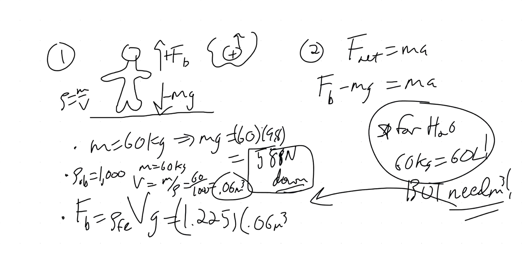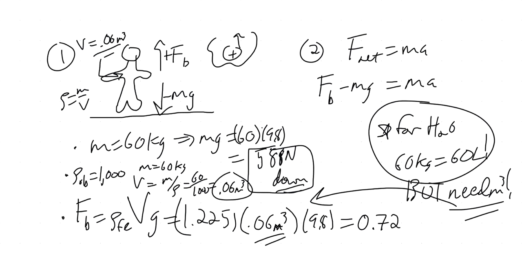So we have 0.06 cubic meters for the volume of the person. Times g, 9.8, equals, let's multiply that all together, 0.06 times 1.225 times 9.8 gives me 0.72 newtons up.